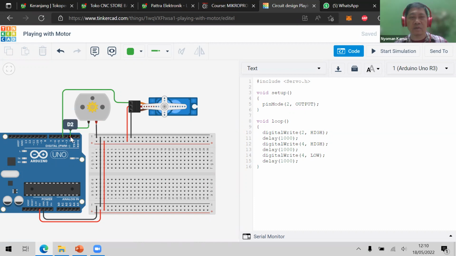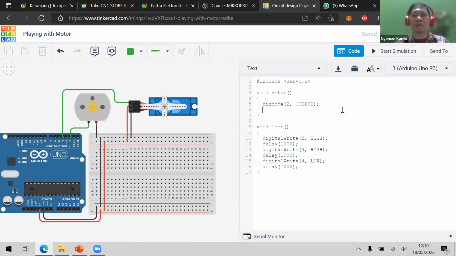So we're going to send something to here, but there is also a pin mode for output. First, I'm going to send 5 volts to pin number 2.